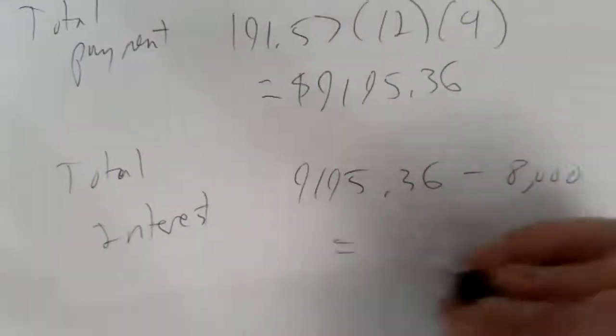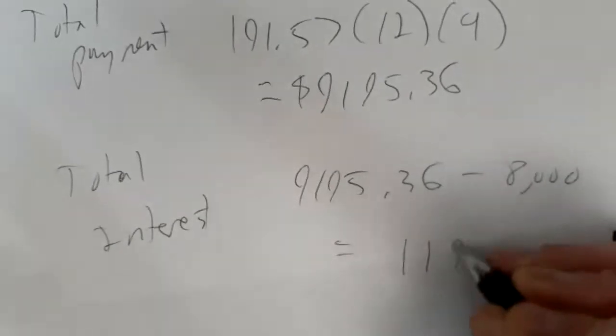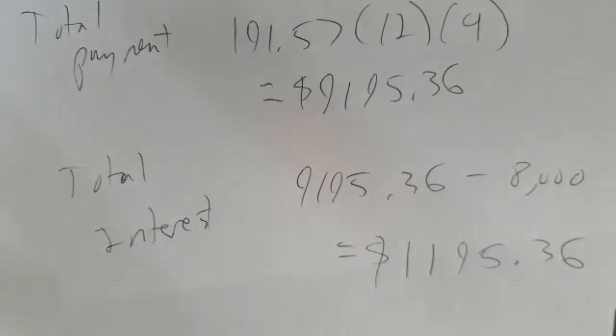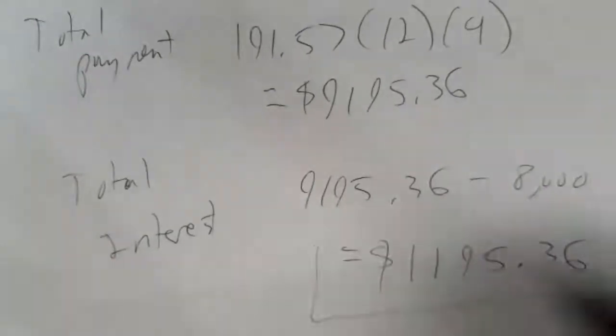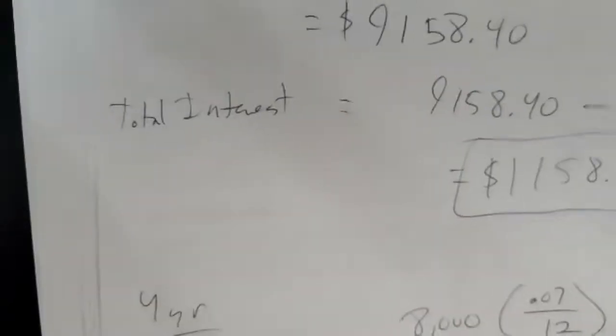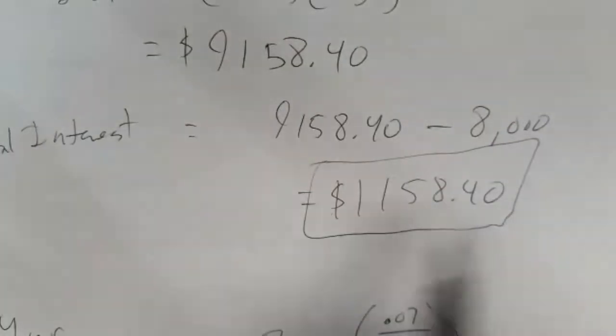So our total interest we're paying for the loan is $1195.36. So this loan is costing us $1195.36. The last one cost us $1158. So this one I think was actually a little bit cheaper.